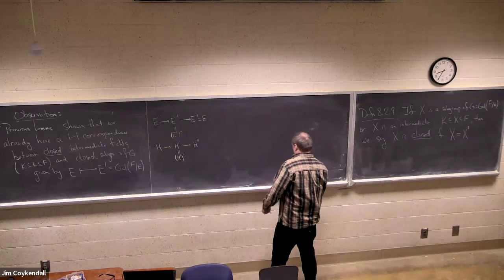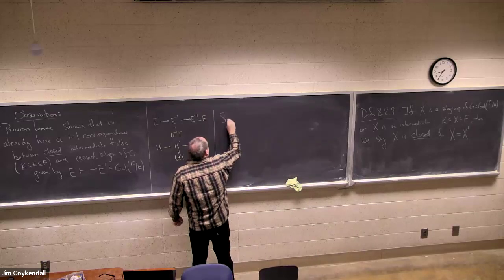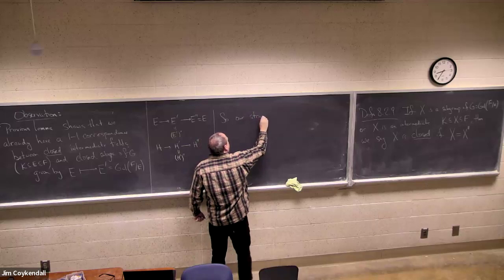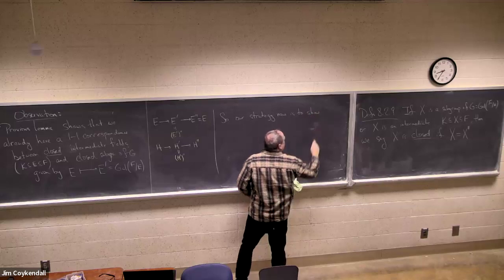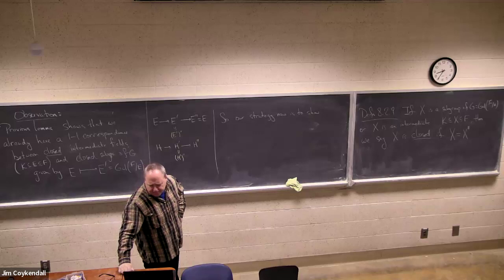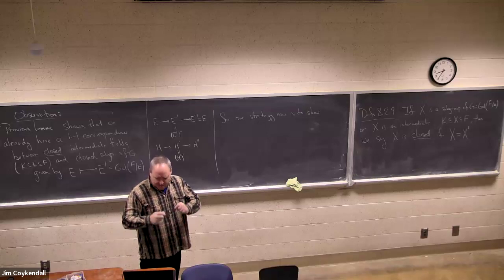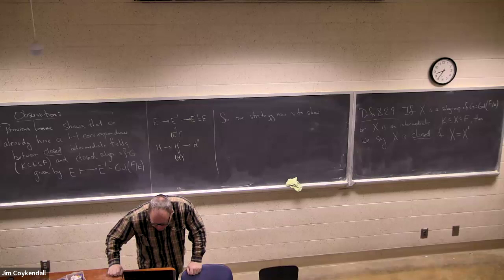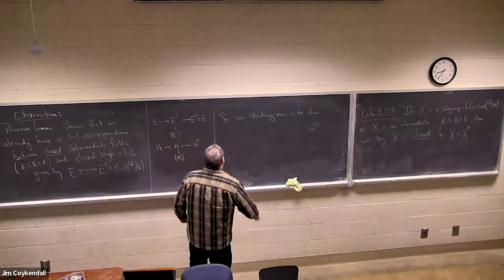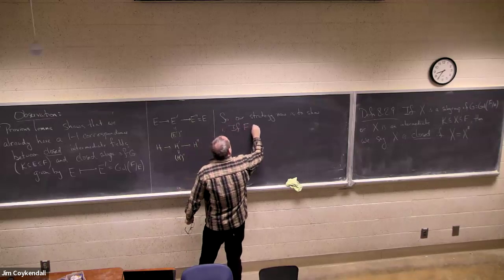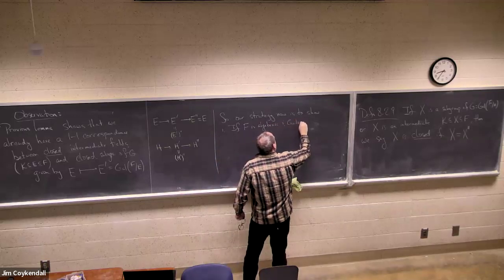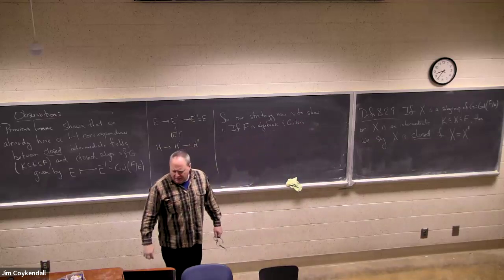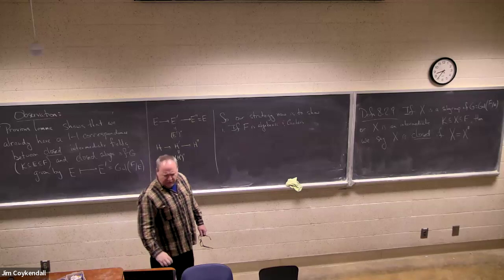And so the strategy now is: if F is algebraic and Galois, then all intermediate fields are closed.